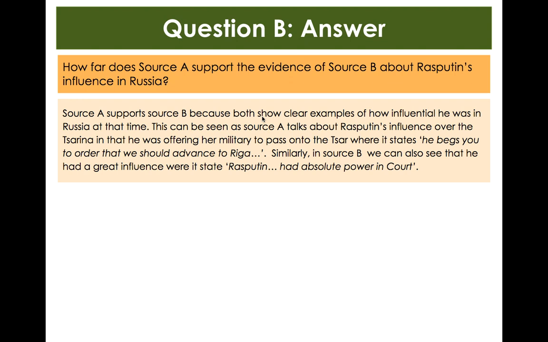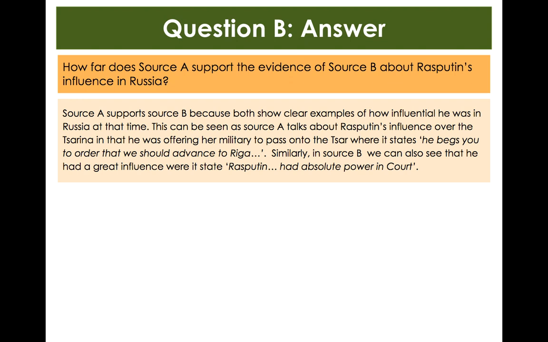Source B, because both show clear examples of how influential Rasputin was in Russia at this time. I think we can safely say he did have a huge influence on a lot of people, but in very, very different ways.